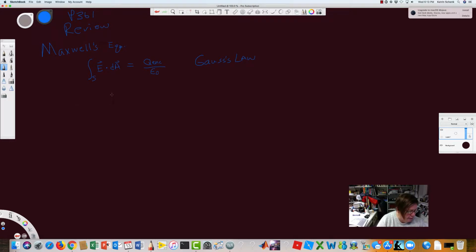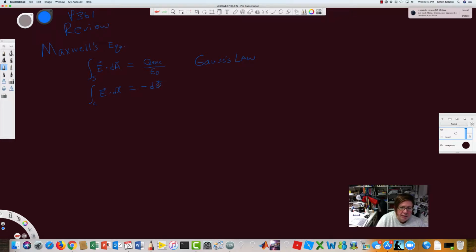Okay, next one is called Faraday's law, and it's a relationship between this line integral, which is basically a potential, and a change in the magnetic flux.